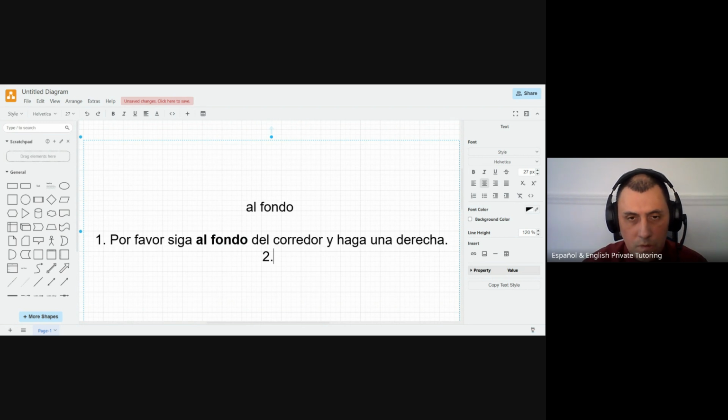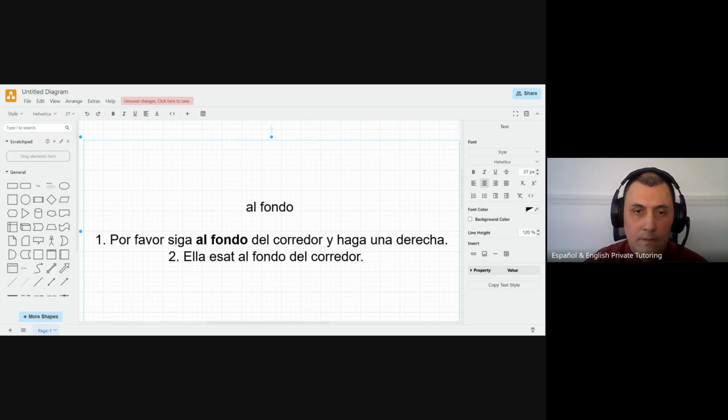Now, what about location? Ella está al fondo del corredor.